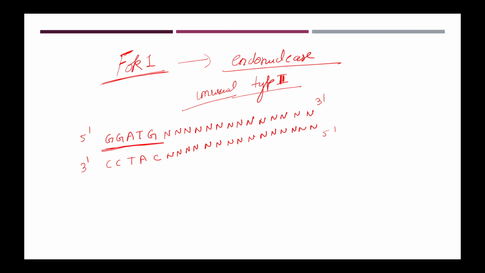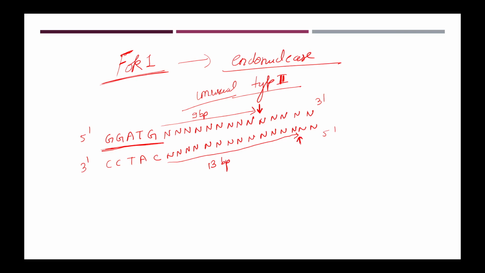GGATG is the recognition site for this endonuclease. It recognizes this sequence, but the cut will be made in the 5 prime strand 9 base pairs away from the recognition site. Here, 9 base pairs away, somewhere it will make a cut. And in the 3 prime strand, 13 base pairs away from the recognition site.